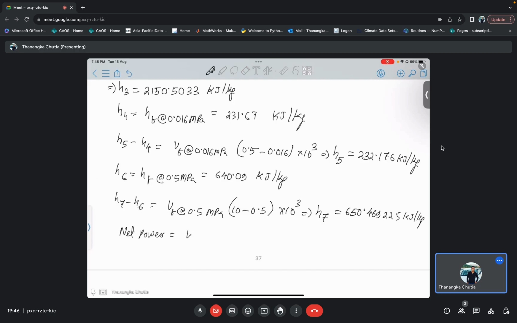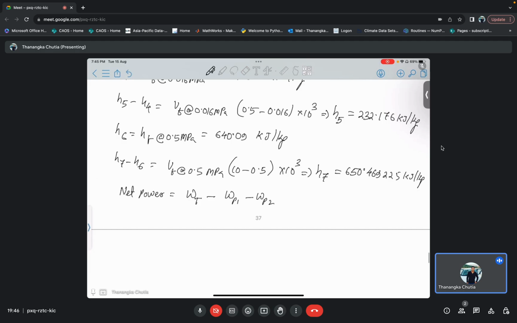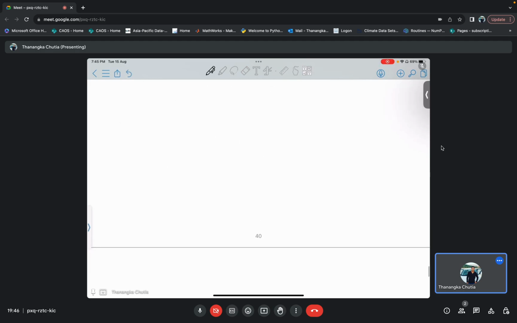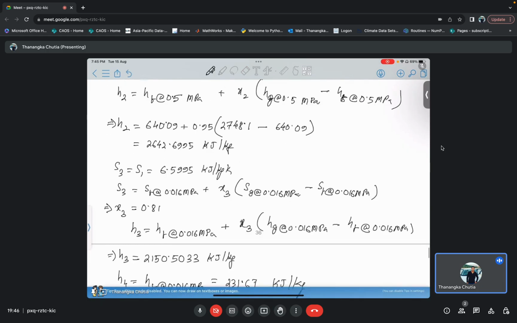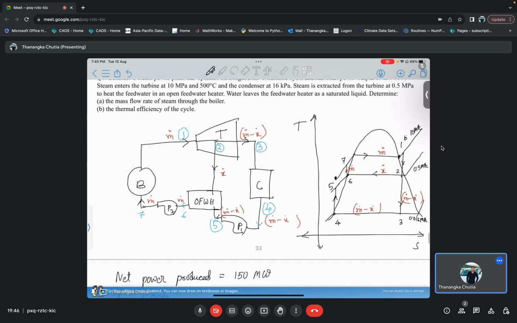So now what is net power? Net power is W turbine minus WP1 minus WP2. So what is W turbine? You look at here, turbine work is from 1 to 2 and from 2 to 3. From 1 to 2 the mass flow rate was m dot, and from 2 to 3 the mass flow rate was m dot minus x dot.